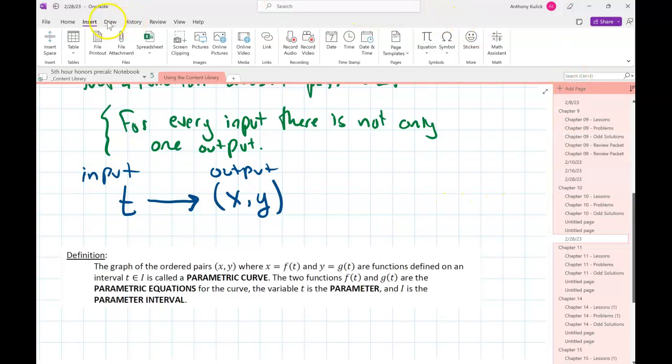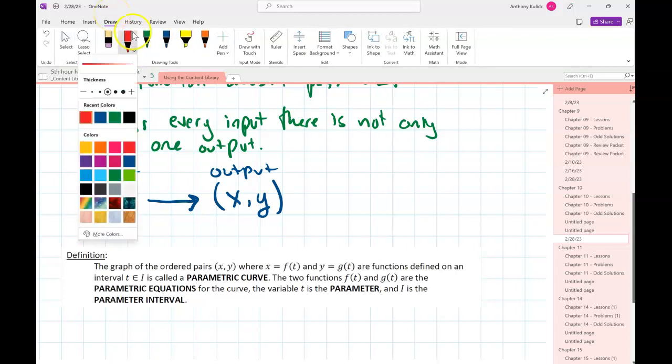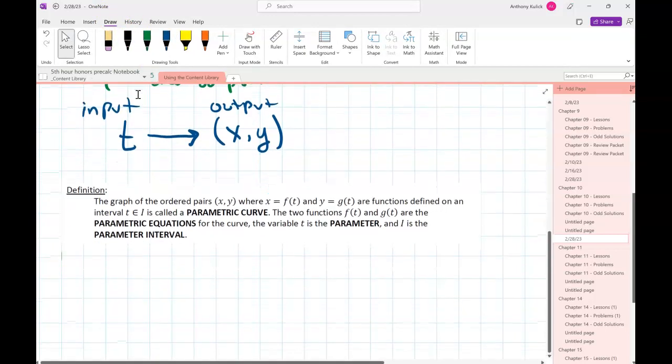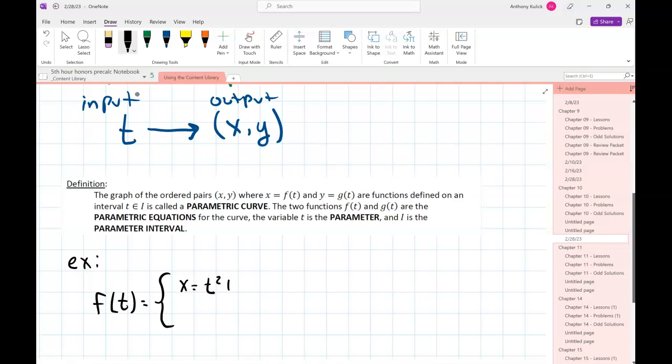So let's take a look at an example of kind of what this looks like, right? So let's say we have some function.